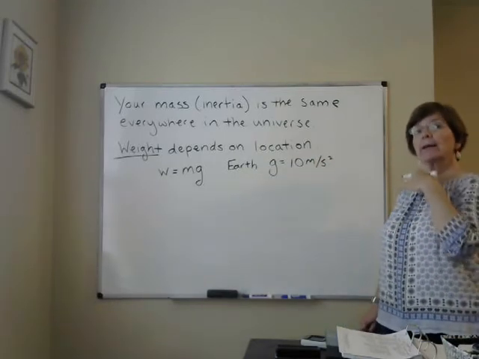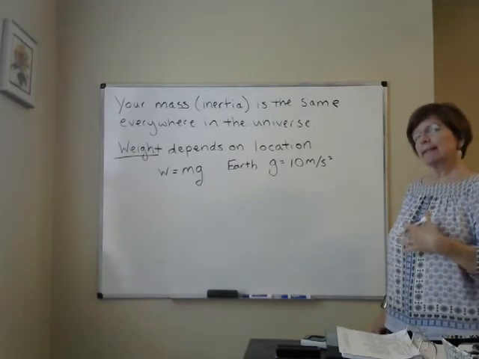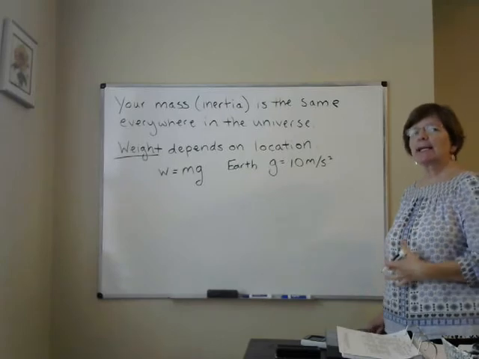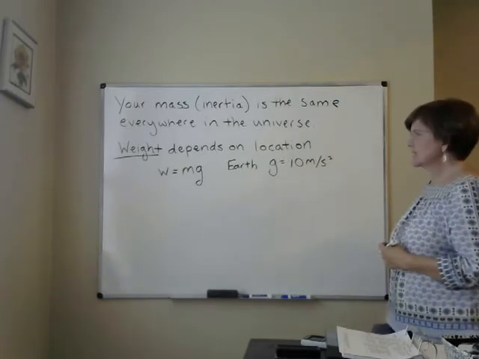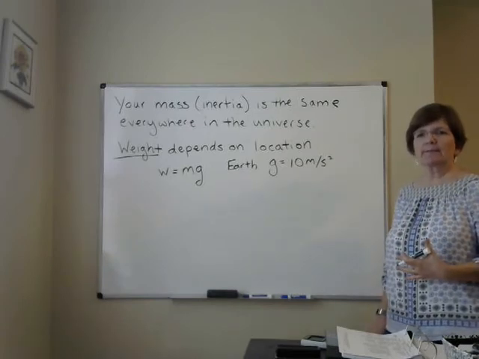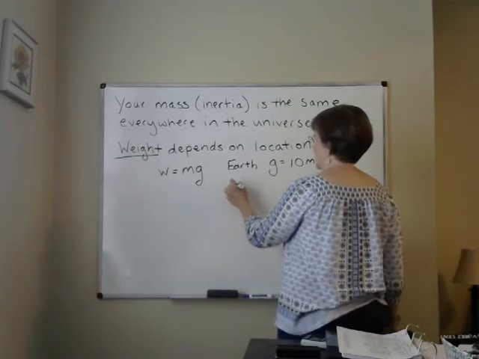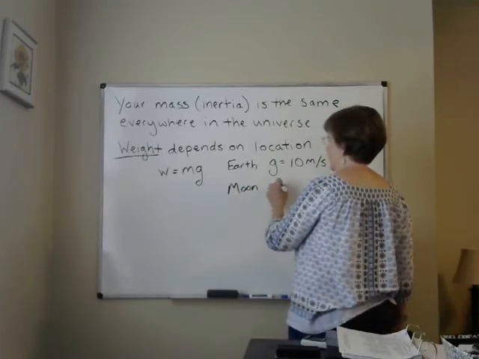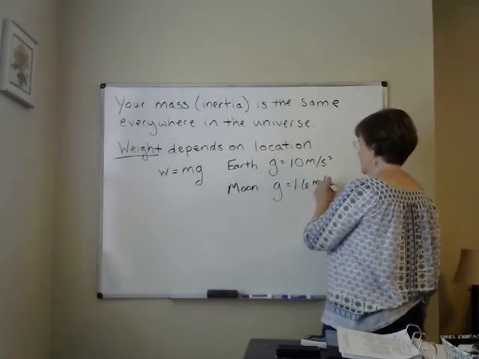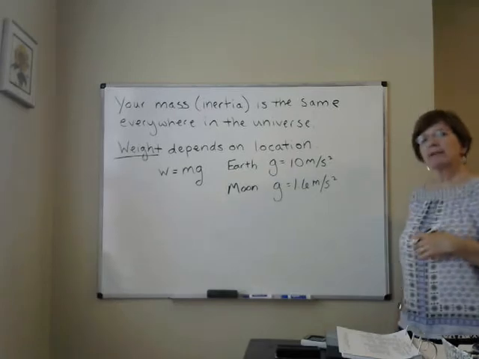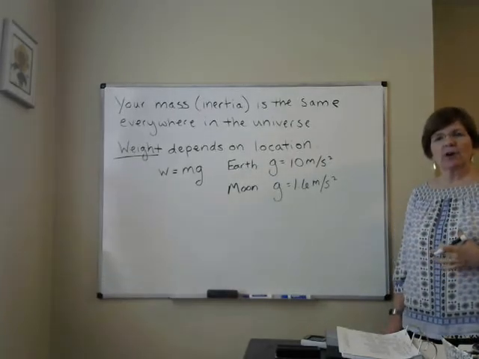If we need more precision, more accuracy, we can use 9.8 meters per second squared, but most of the time, 10 meters per second squared is going to be perfectly good. Now, if we happen to be on the moon, g is 1.6 meters per second squared. The acceleration due to gravity on the moon is about 1/6 of what it is here on the Earth.